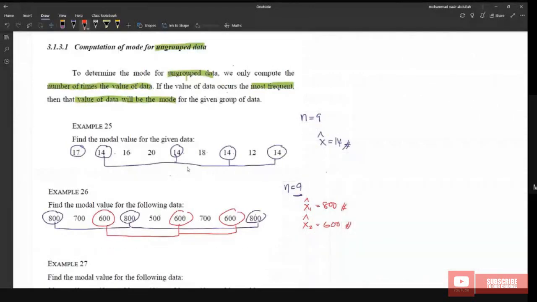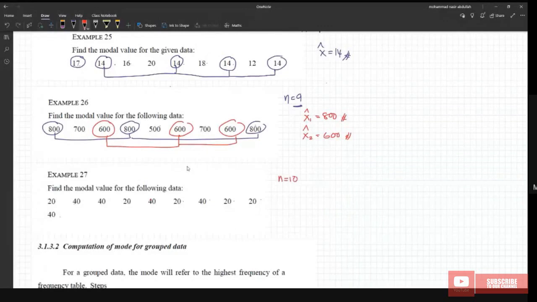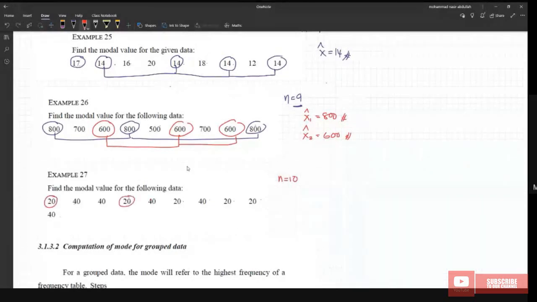Now look at example number 27. We have 1, 2, 3, 4, 5, 6, 7, 8, 9, 10, so we have 10 observations. 20 appears 1, 2, 3, 4, 5, right? 5 times. And 40 appears 1, 2, 3, 4, 5.